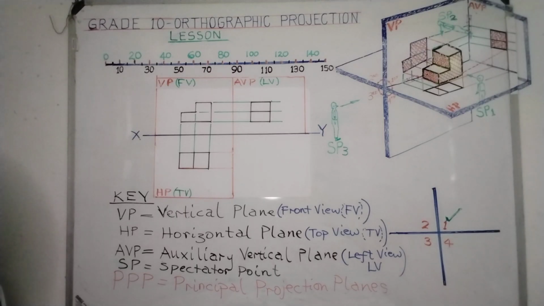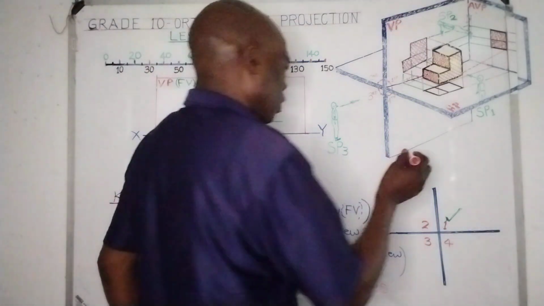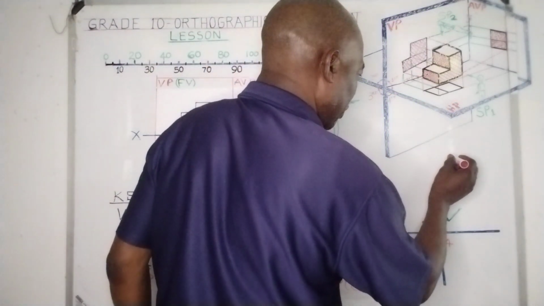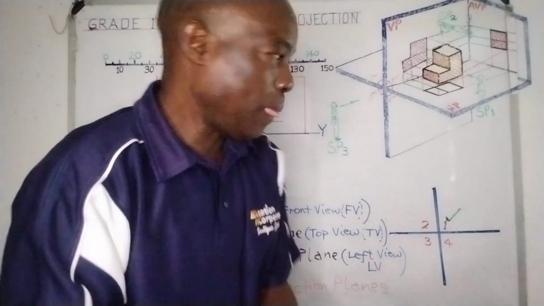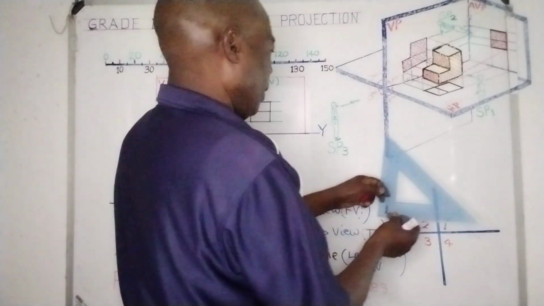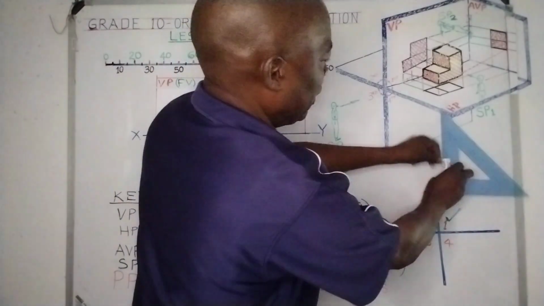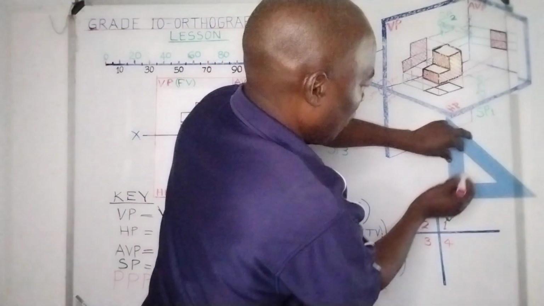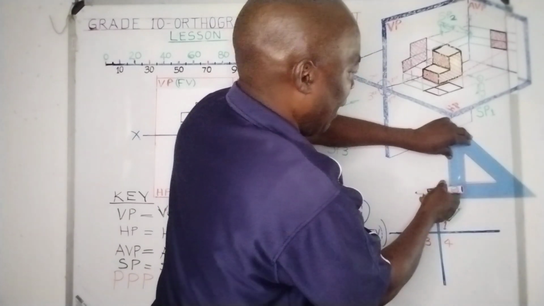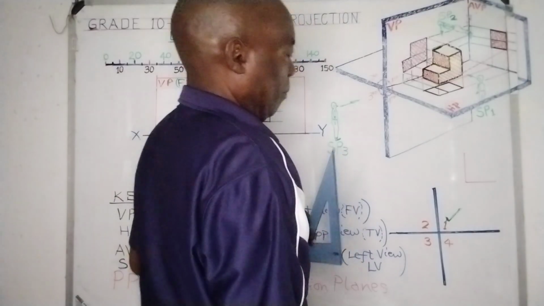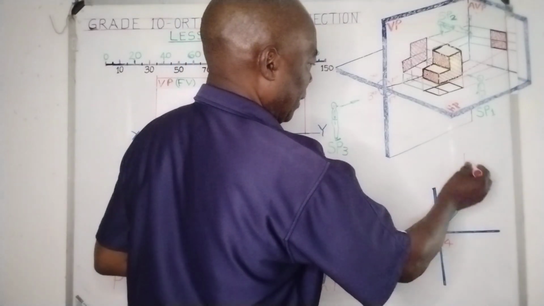So I'm going to do that. I'll use blue. Right, so I'll draw a line at 45 degrees. So like I said, this distance is equal to that. So I will just project this to maintain my 45 degrees square.